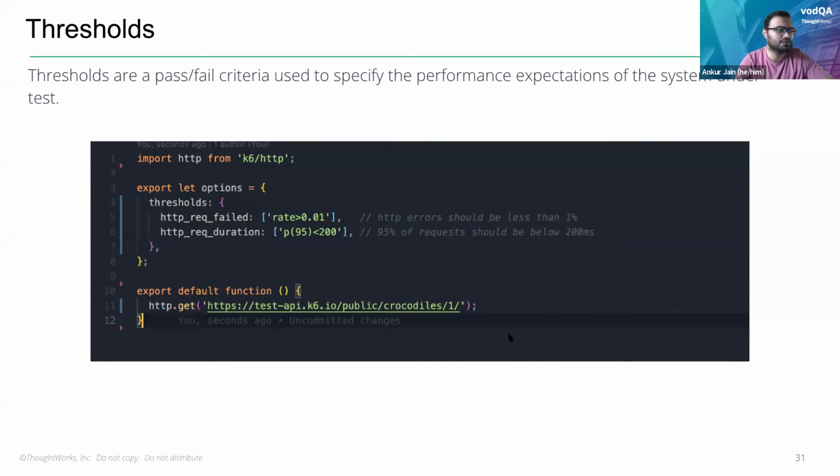For example, here we're using a request failure rate of less than 0.01, and the request duration should be less than 200 milliseconds. Since we're using test APIs, we can go that low, but a lot of times you can configure how much you need at the 95th percentile.